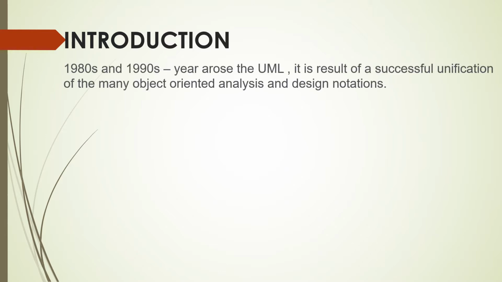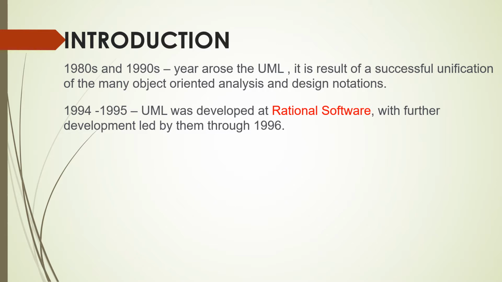UML arose from the 1980s and 1990s. It is a result of successful unification of many object-oriented analysis and design notations. UML was developed at Rational Software in 1994 to 1995, with further development led by them through 1996.